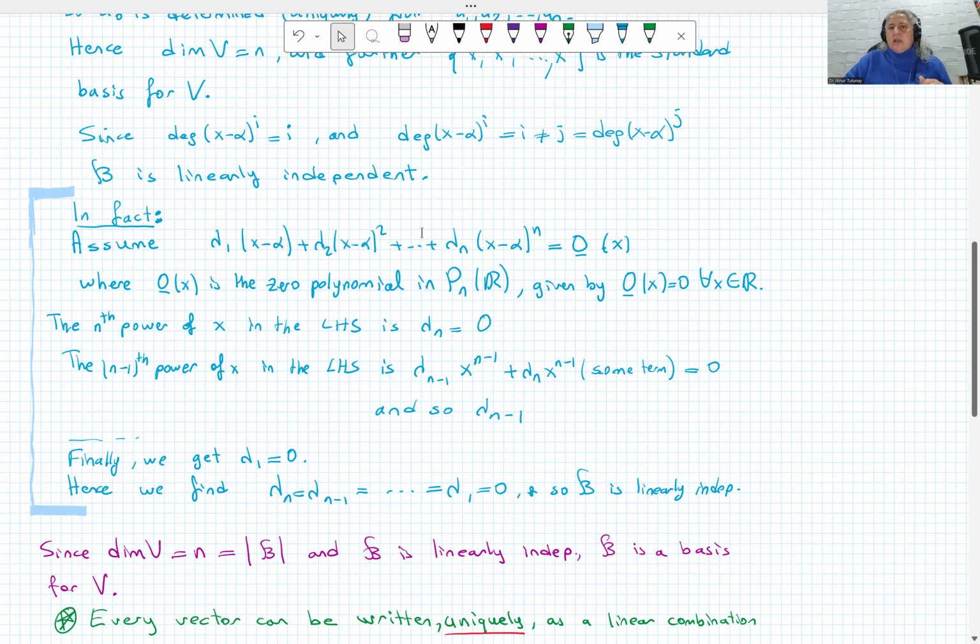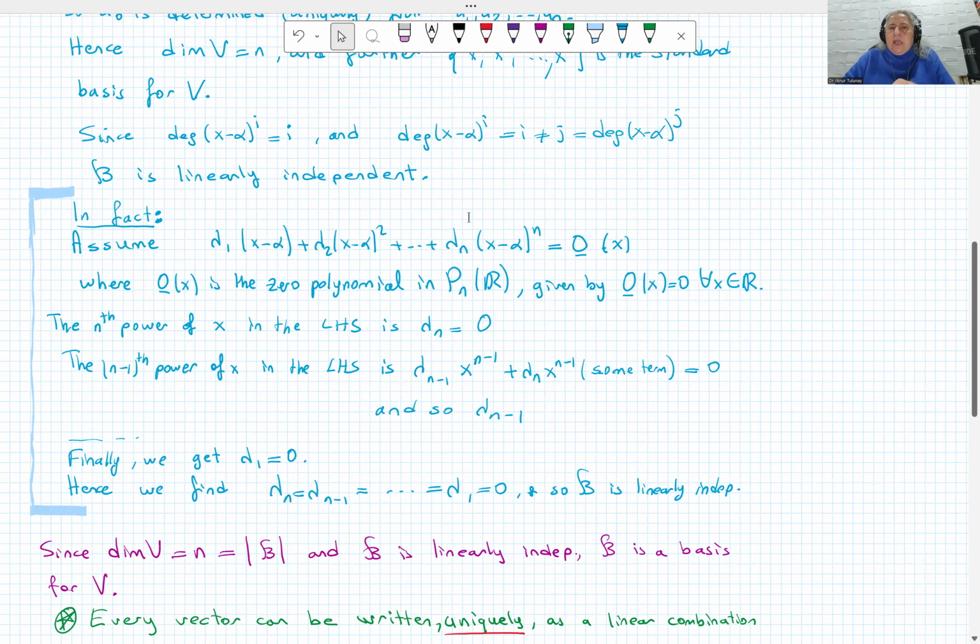Since the two polynomials are equal and all the coefficients on the right will be 0, all the coefficients of the powers here will be 0 as well. Since x to the n is the largest one, if you look at the n-th power of x on the left-hand side, you will have only lambda n times x to the n. You have only one coefficient, which is lambda n. And it is equal to 0 on the right-hand side, so lambda n has to be 0.